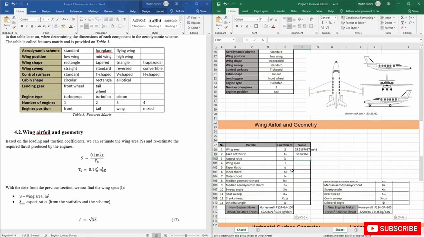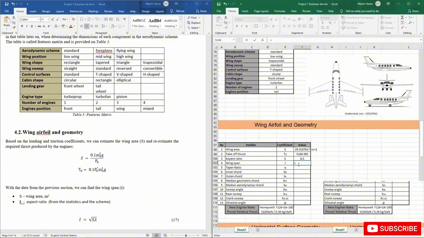The next thing we'll definitely be sure about from our statistical analysis is the aspect ratio of our wing. And you remember the aspect ratio was the squared span divided by the surface of our wing, or the wing area. So let's take it as 8.5. Since we know the wing area and we know the aspect ratio, now we can find the wingspan.